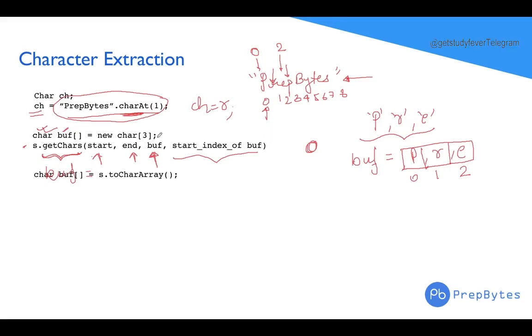We have another operation called toCharArray. This operation converts the string to a character array, and whatever character array is produced is stored in buff here. So these are a few operations that we can do on our strings.